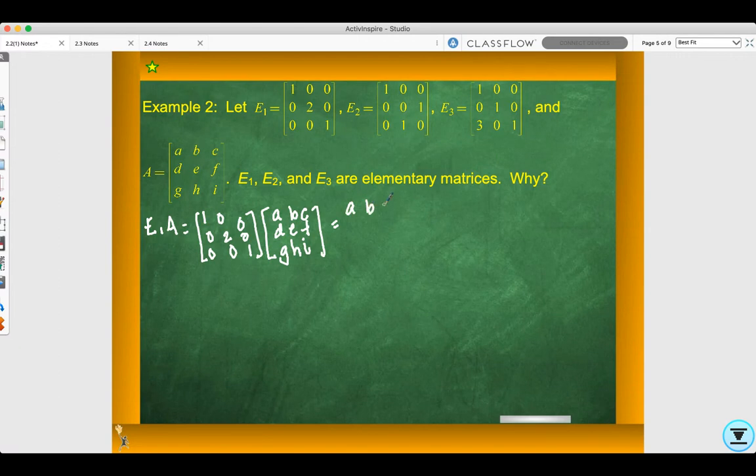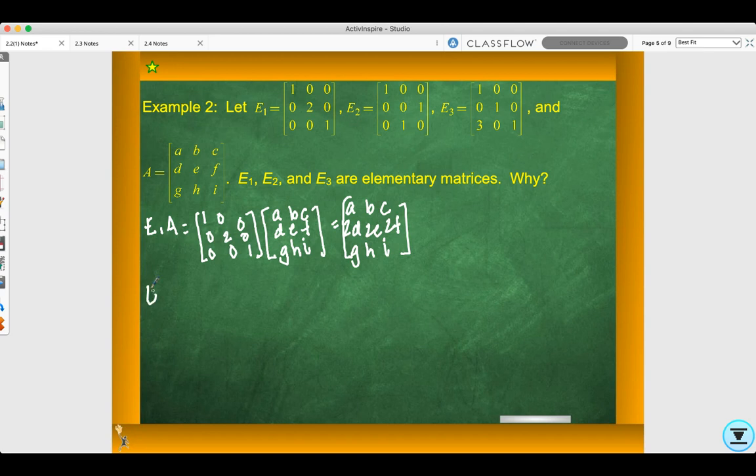It would be A, B, C, 2D, 2E, 2F. So that would be my one operation. 2D, 2E, 2F, and then G, H, and I. So I'm just multiplying the second row by 2.